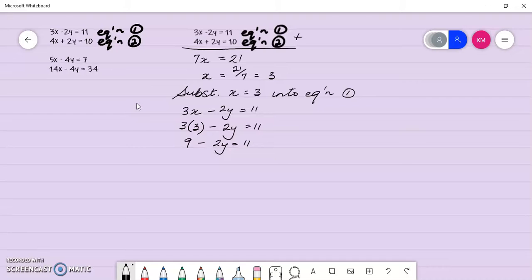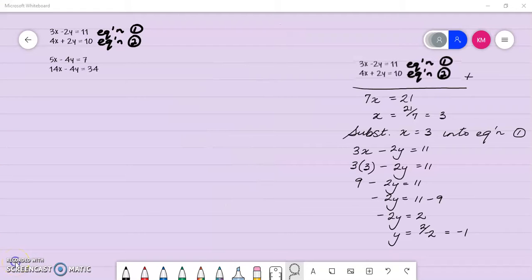So now I have one variable in this equation and I'm going to solve it like any other linear equation. So it's going to be negative 2y is equal to 11 take away 9, I get negative 2y is equal to 2. y is going to be equal to 2 divided by negative 2, and I'm going to get negative 1. And that's solving our first pair of equations.